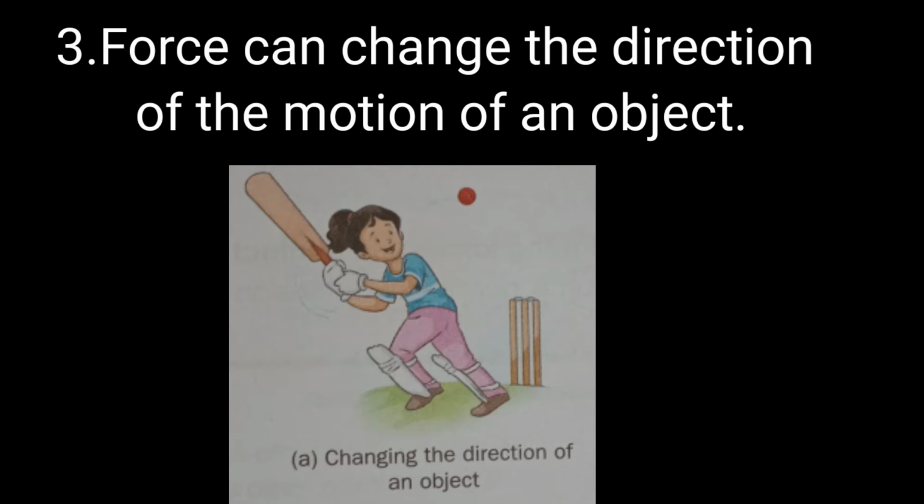With the help of the bat, you can apply the force on the ball and change the direction of the moving ball. So I hope you have understood the third effect of force also. Even when you play football, someone kicks from that side, someone kicks from this side. By applying the force, you are changing the direction of the ball. So force can change the direction of the motion of an object.